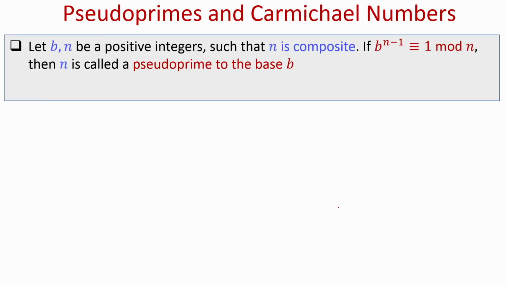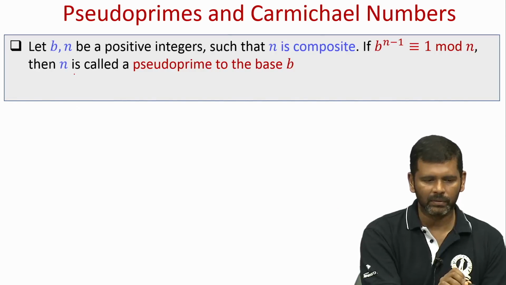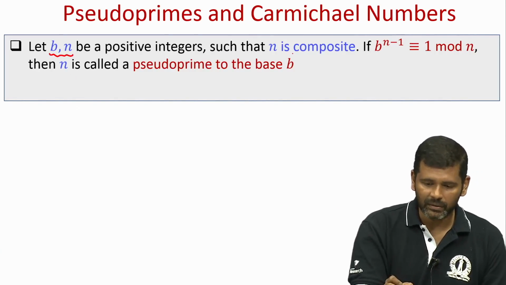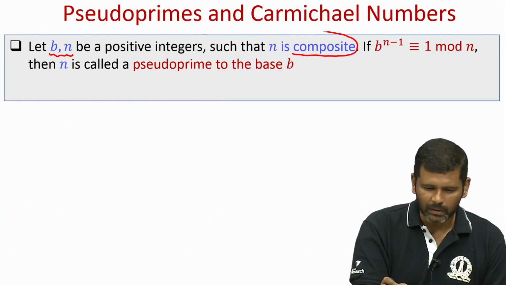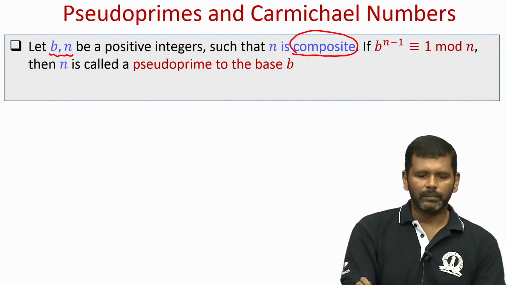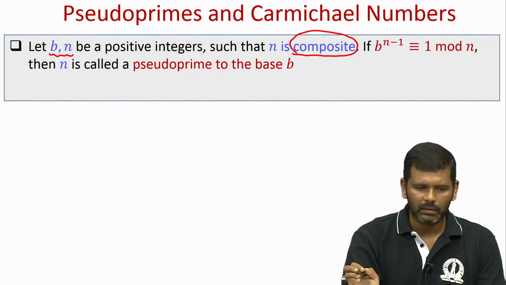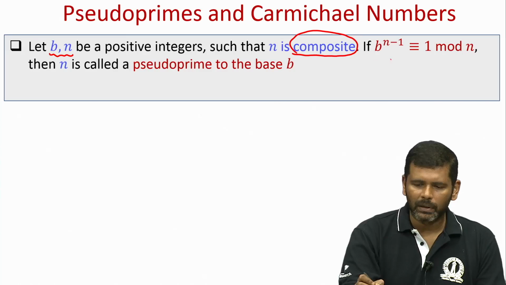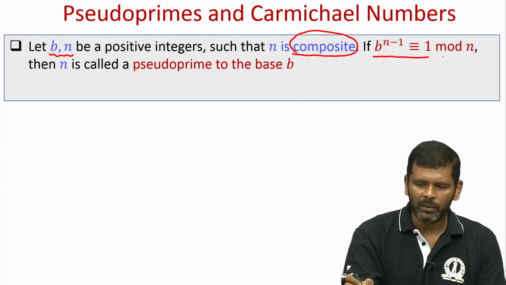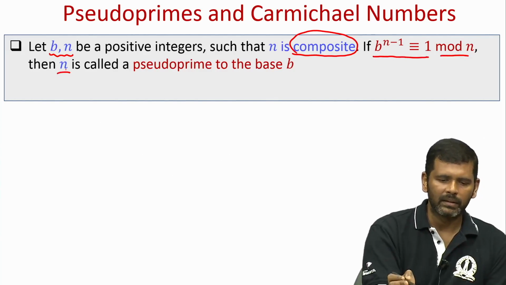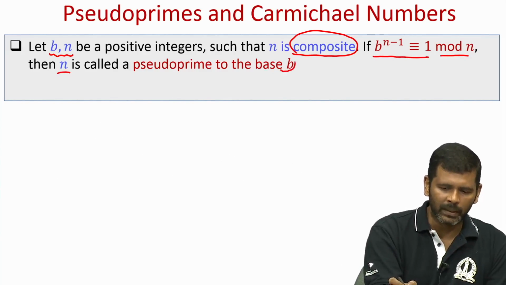Okay. So, let us first define pseudo primes and then we will use it to define Carmichael numbers. Imagine you are given positive integers b and n and say your n is composite. Now, if it turns out that b to the power n minus 1 is congruent to 1 modulo n, then I will call my n a pseudo prime to the base b.